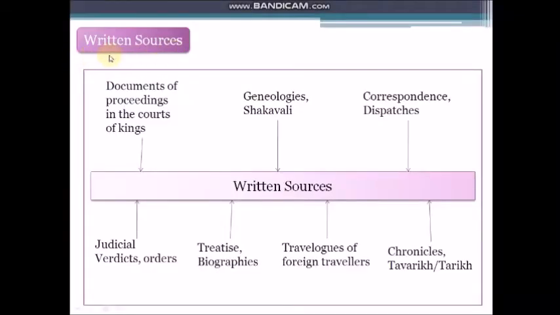Next is written sources. It refers to the sources that are in the written form. Let's learn what are the written sources of history. We learn about the important historical events in the medieval period from sources like writing styles of scripts, namely Devanagari, Arabic, Persian, Modi, as well as from different languages, religious manuscripts, biographies, paintings, etc. Such sources are called written sources.